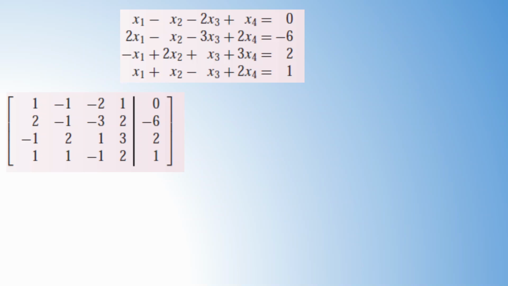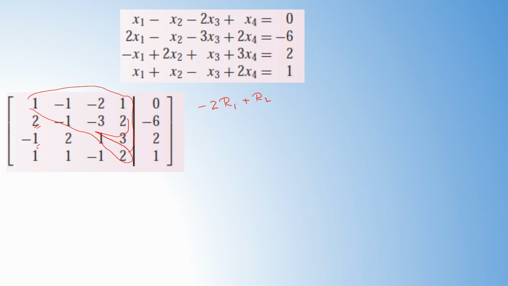Now the first task is to get the upper triangular matrix. In the upper triangular matrix we should have only the upper triangular part. All the entries below the main diagonal should be equal to 0. So in the first column, we have to make these entries into 0. You can multiply the first row by minus 2 and add it to the second row.